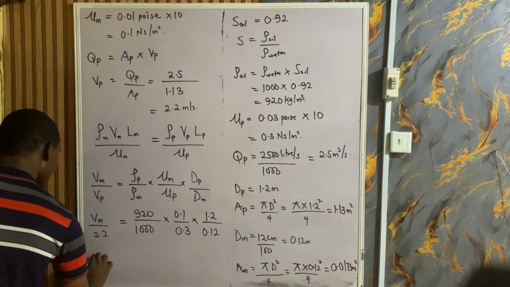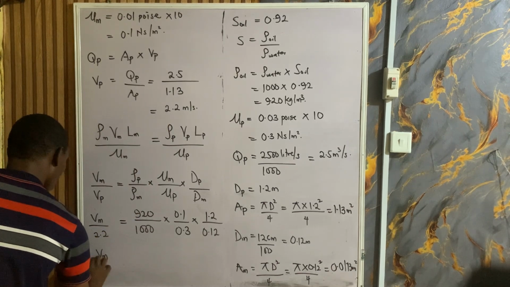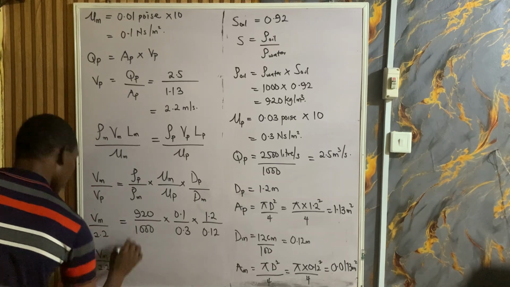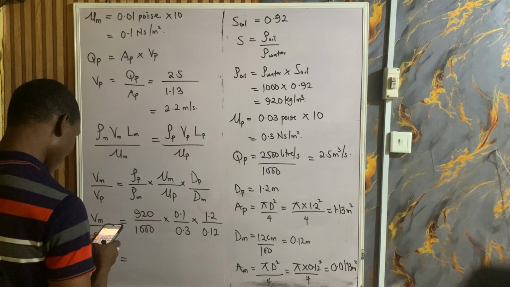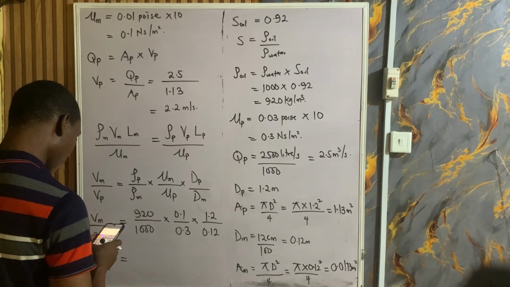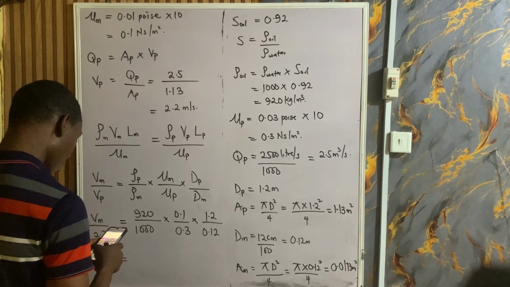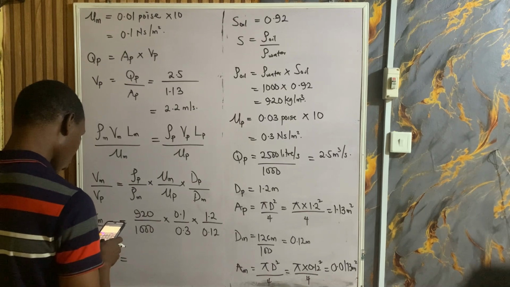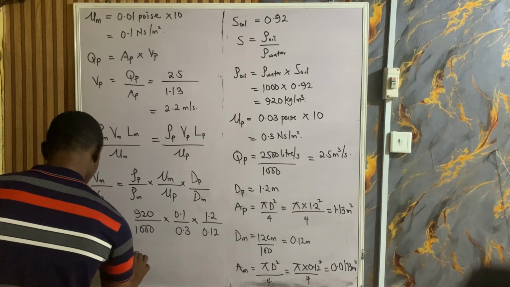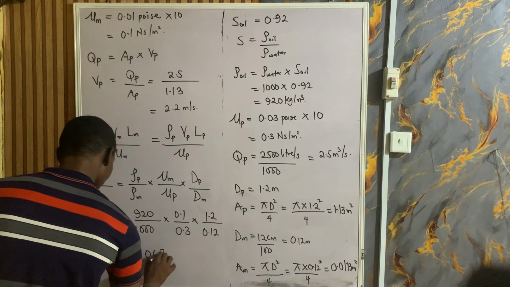So very simple, we can say that Vm over 2.2 is equal to, let's evaluate this quickly, 920 multiplied by 0.1 multiplied by 1.2 all over 1000 times 0.3 times 0.12. So this is 3.067.